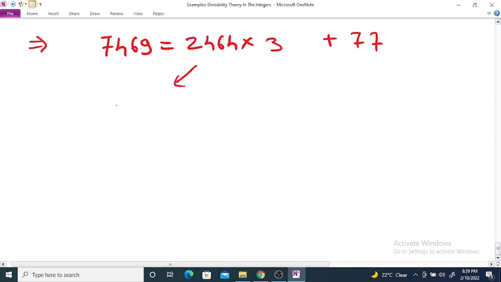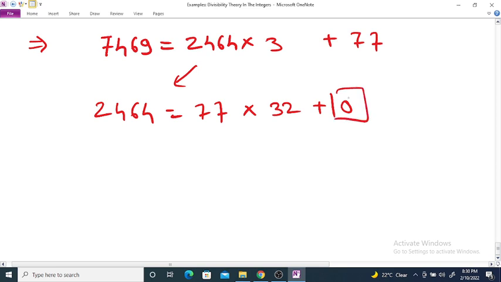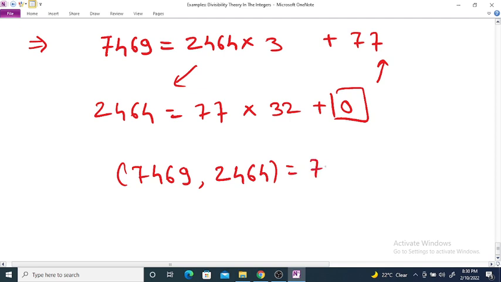Next, if we divide 2464 by 77, the quotient is 32 and the remainder is 0. So the last non-zero remainder is 77. So the GCD of 7469 and 2464 is equal to 77.